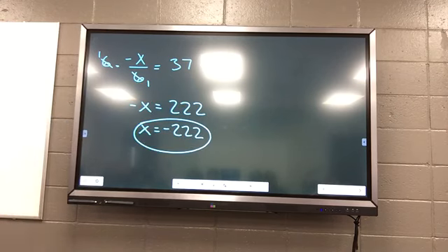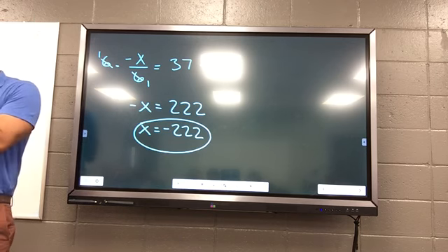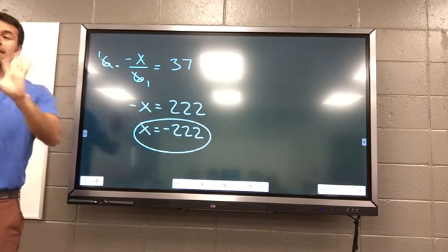Which property was used? Inverse. Because of what? Inverse of division. No. There's no inverse of multiplication, but you could say it's inverse of multiplication, but it's not even that.